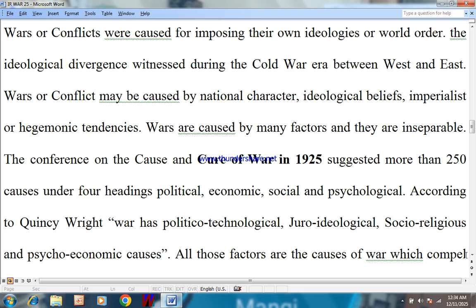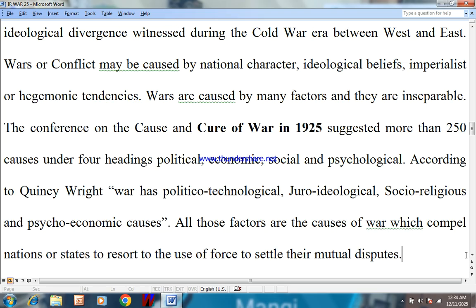The Conference on the Cause and Cure of War in 1925 suggested more than 250 causes under 4 headings: political, economic, social, and psychological.